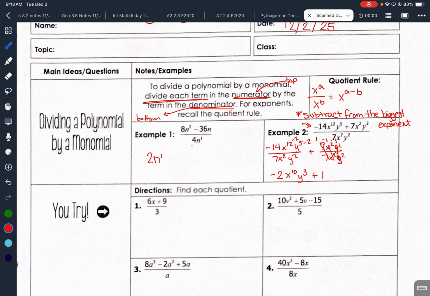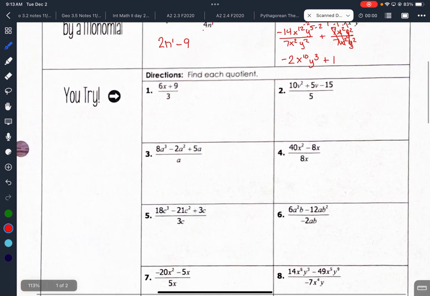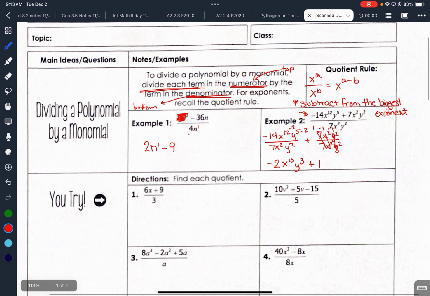And a negative and a positive is a negative. 36 divided by 4. Now don't pay attention to that one. 36 divided by 4 is 9. And then I have n to the first divided by n to the first. That would just give me 1, right? 1 times 9 is 9.